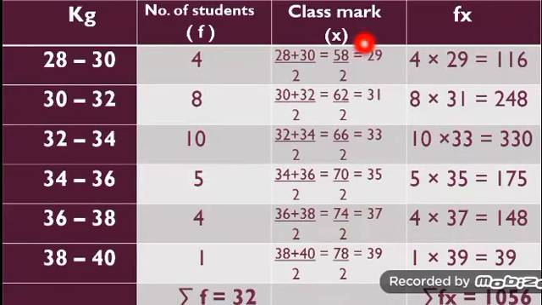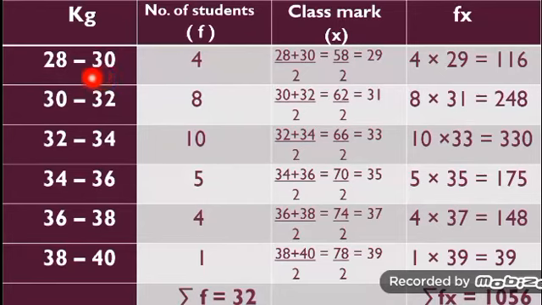First of all, we will find out the class mark, and class mark is represented by small x. What is class mark? Class mark is the mean of these two limits, upper class limit and lower class limit. Here 30 is the upper class limit of this class interval and 28 is the lower class limit of this class interval.